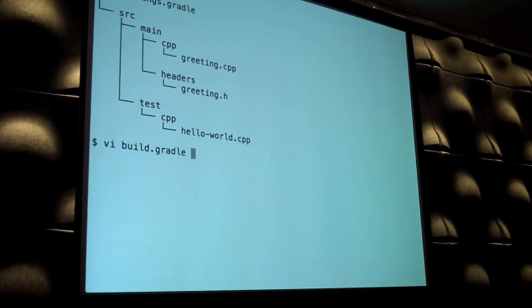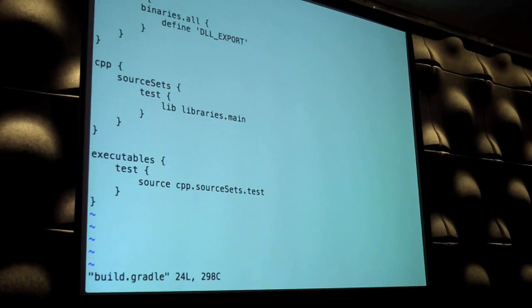So the build script for this guy has a little bit more stuff in it, mostly related to defining that test executable. So we apply the cpplib plugin to get our by convention library. Then we tweak it as we saw before.